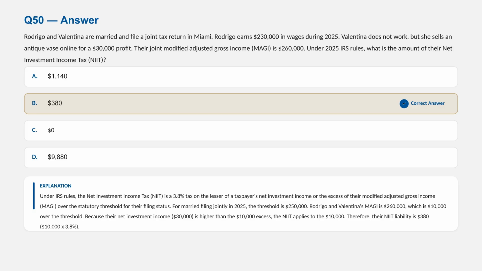Rodrigo and Valentina's MAGI is $260,000, which is $10,000 over the threshold. Because their net investment income, $30,000, is higher than the $10,000 excess, the NIIT applies to the $10,000. Therefore, their NIIT liability is $380, $10,000 times 3.8%. Great. Now let's move to our next question.